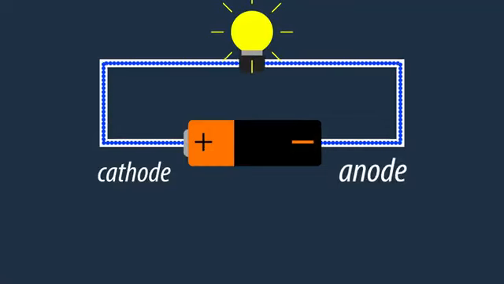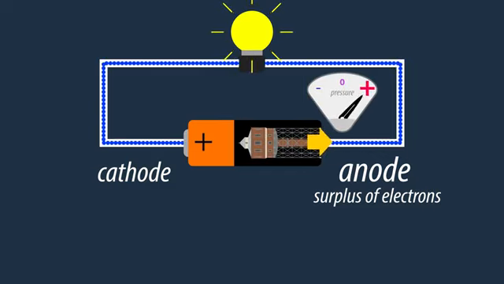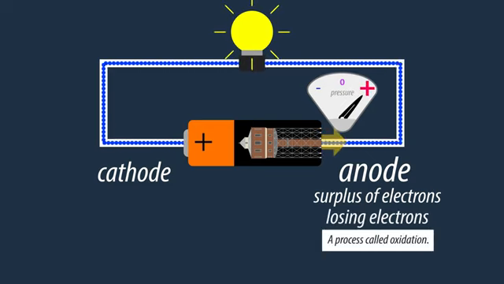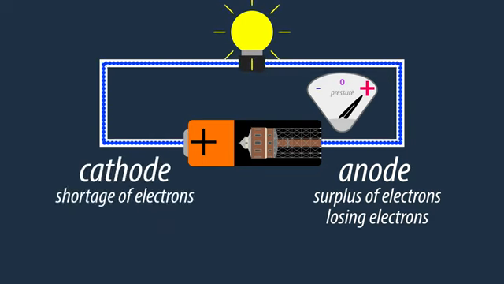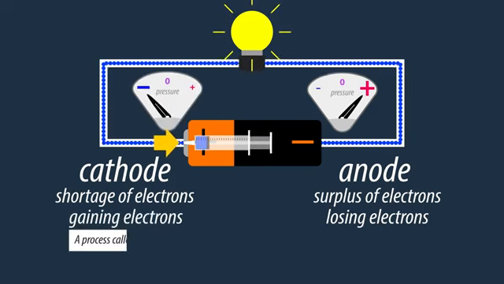It is the minus side, the anode, that has a surplus of electrons and is therefore comparable to our water tower, putting positive pressure on the circuit, losing electrons. And it is the plus side, the cathode, that has a shortage of electrons and is therefore comparable to our syringe, putting relative negative pressure on the circuit, gaining electrons.